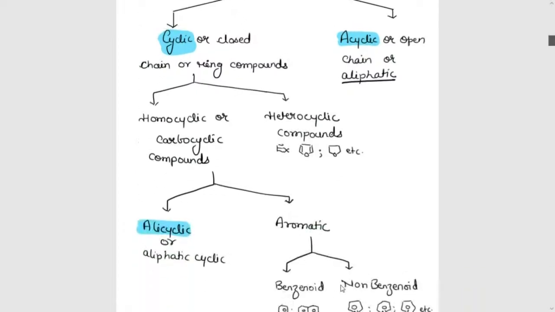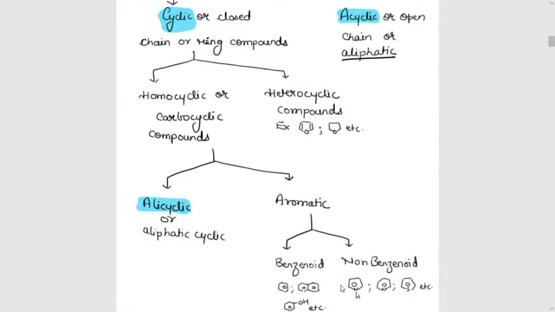Now, cyclic are further classified into homocyclic and heterocyclic. Homocyclic or carbocyclic are those in which the complete ring is only of carbon.